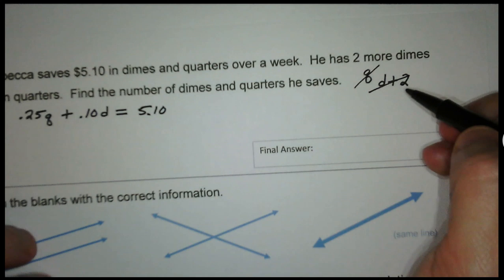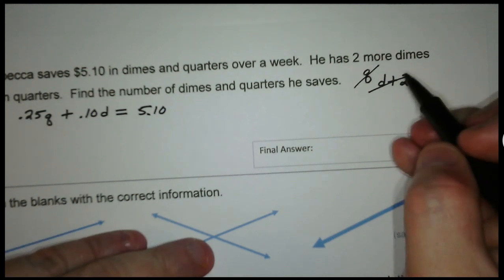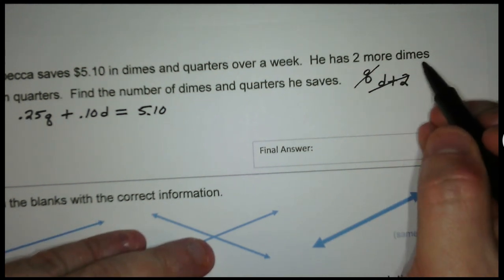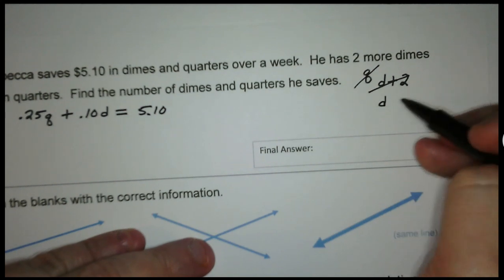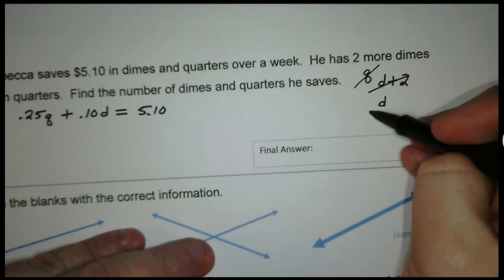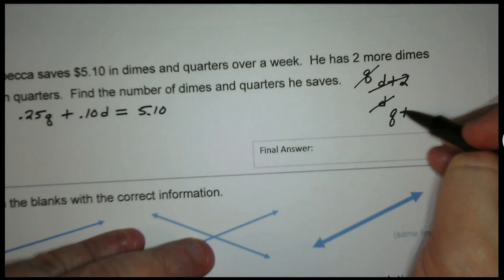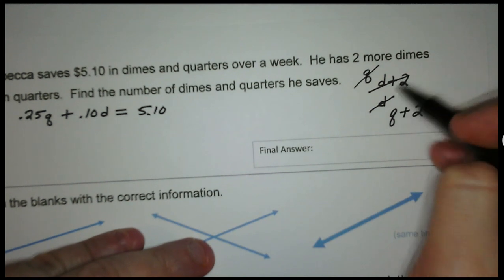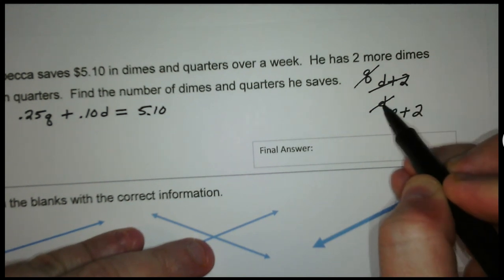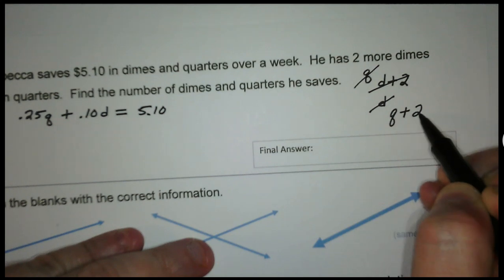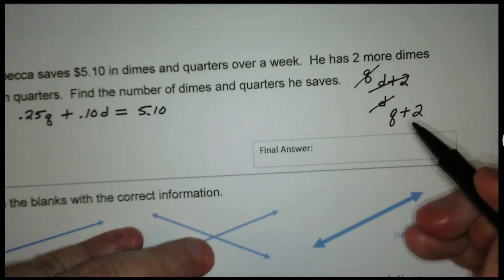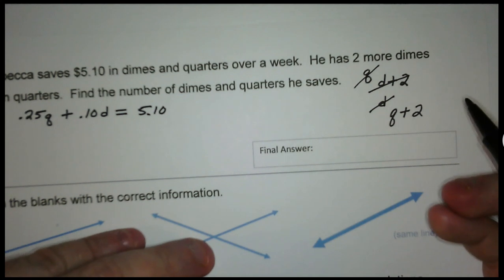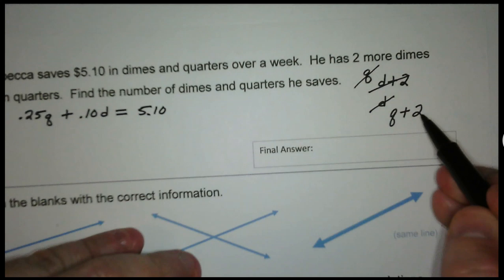I'm just flying by the seat of my pants here a little bit, but there's two more dimes than there are quarters. So instead of saying dimes, couldn't you just say the number of quarters plus 2? Instead of saying D, we could just say Q plus 2. Since if you do quarters plus 2, that's literally the same as dimes.